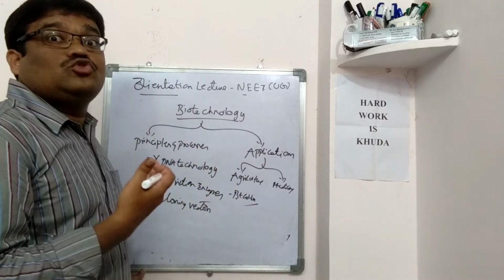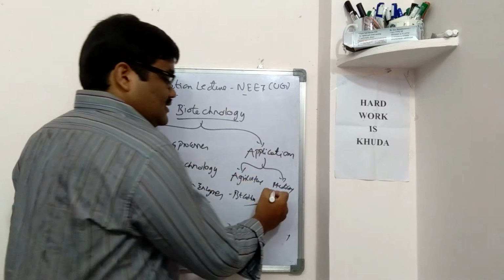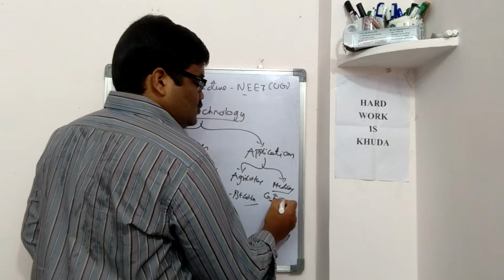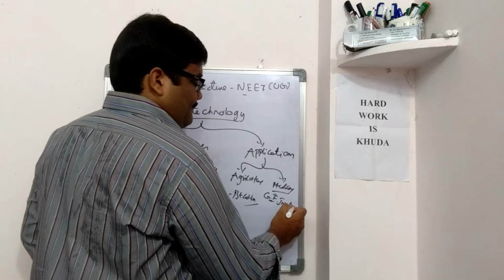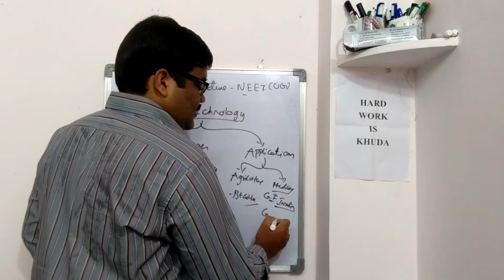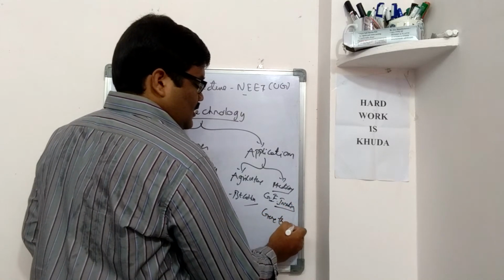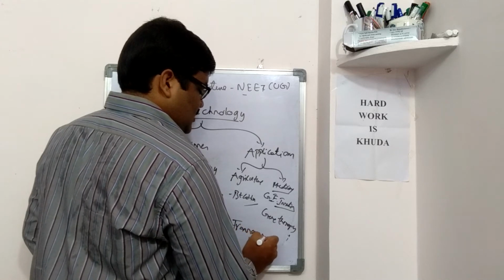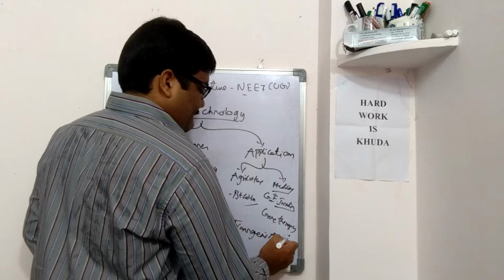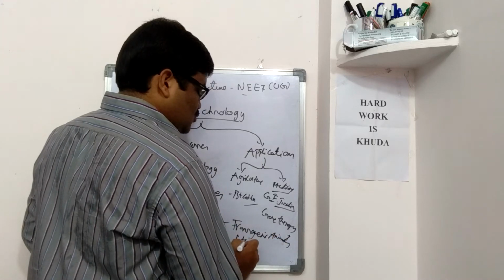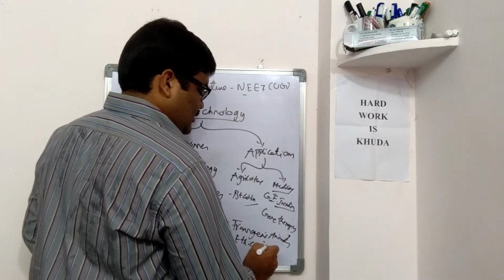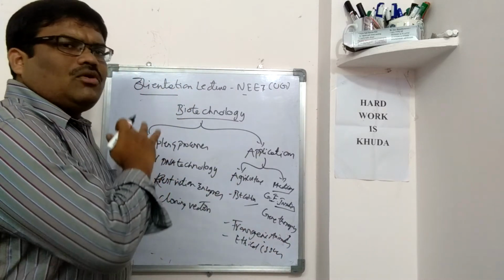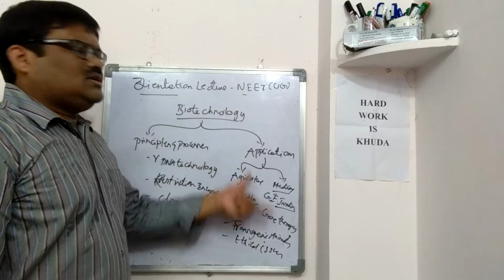Bt means Bacillus thuringiensis. And in case of medicine, like genetically engineered insulin, gene therapy. Apart from this, transgenic animals, and other ethical issues also to deal with under the applications topic. These are the different topics that come under biotechnology.